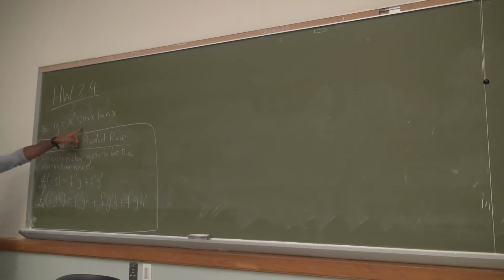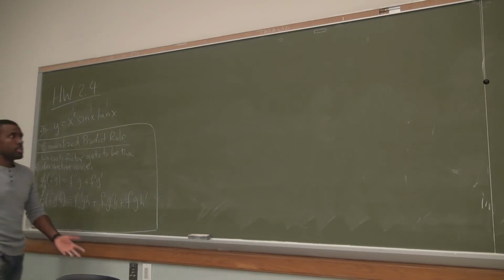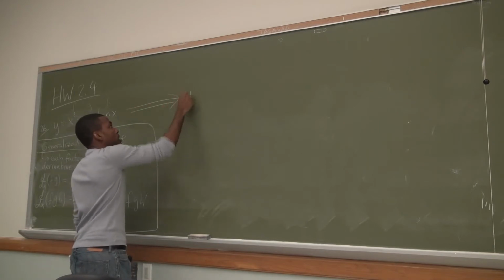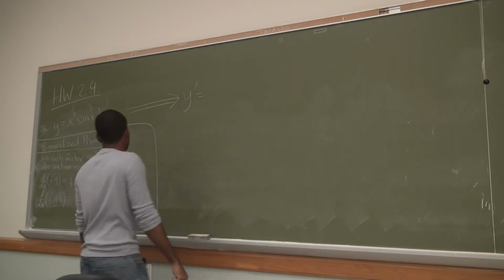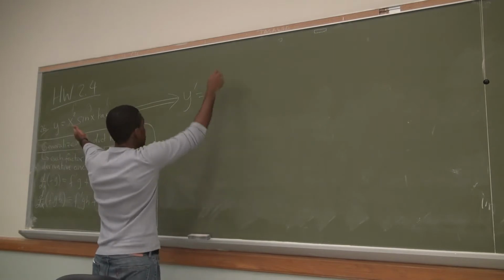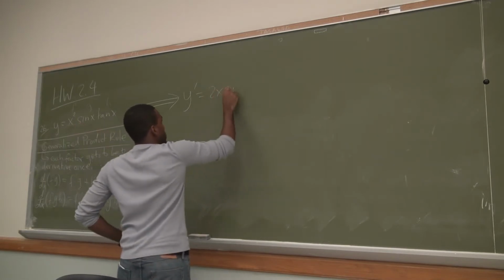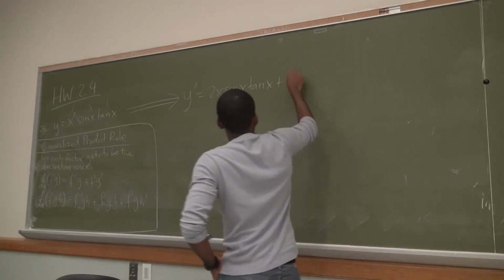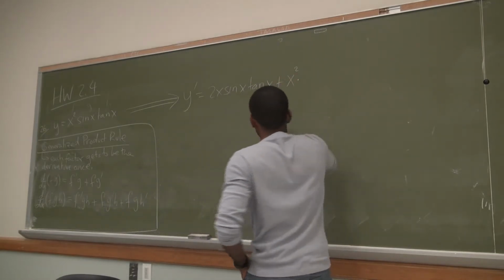So we actually have three functions being multiplied. We differentiate by differentiating them one at a time and adding it together. So this would imply that y prime is equal to: x squared gets to be the derivative, 2x, leave everyone else. Plus, now leave x squared, the sine gets to be the derivative.